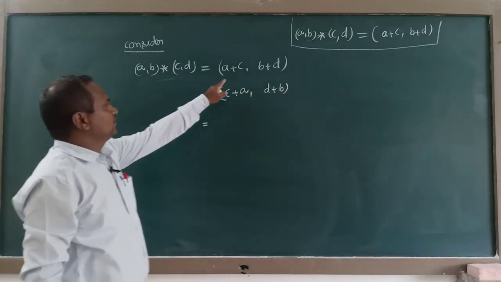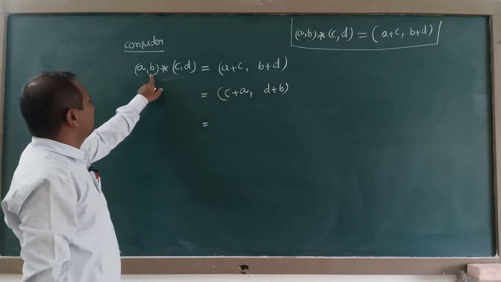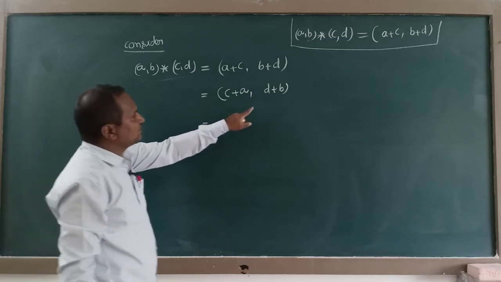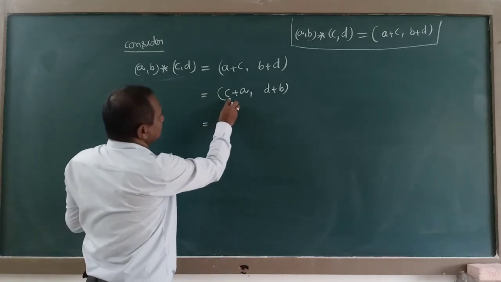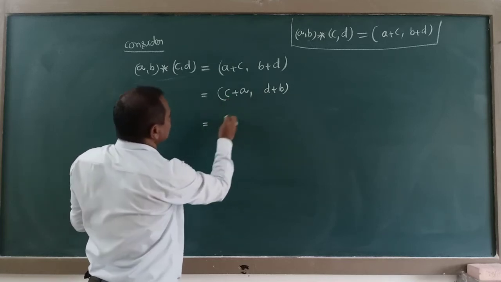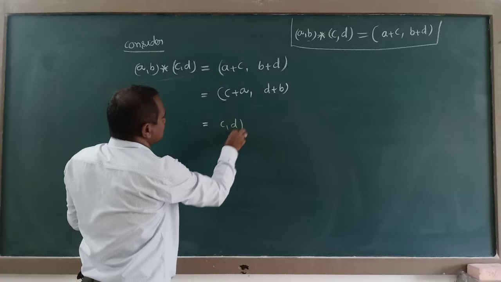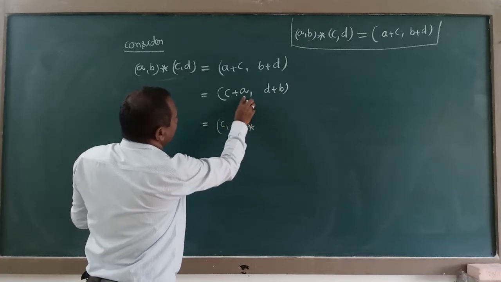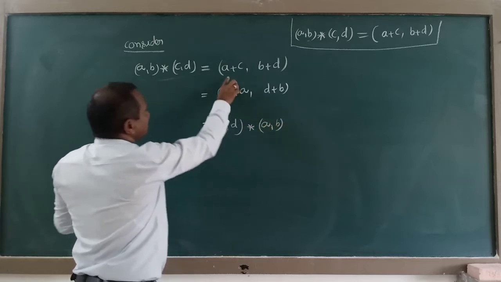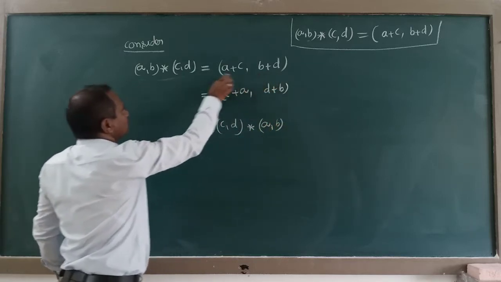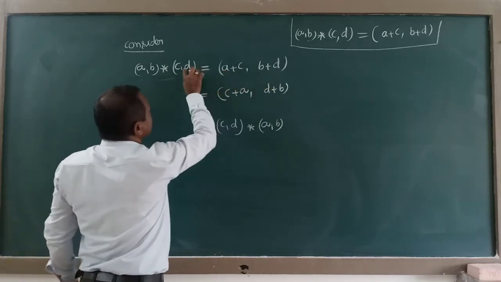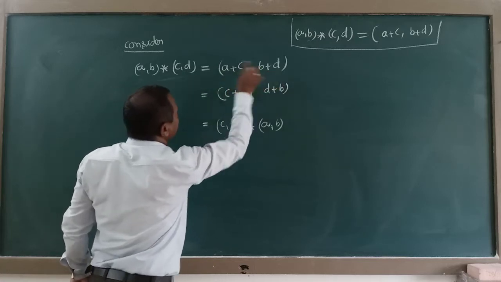So if you observe, for (A plus C, B plus D) we have (A, B) star (C, D). Then for (C plus A, D plus B) we can write the first ordered pair formed with the help of first elements, that is (C, D), star the second ordered pair formed with the help of second elements, that is (A, B).